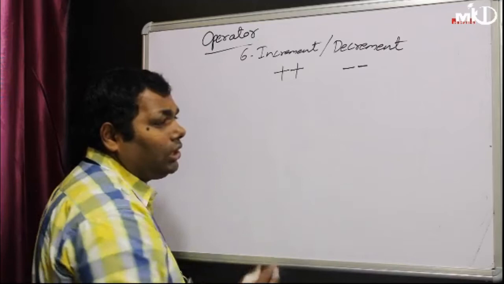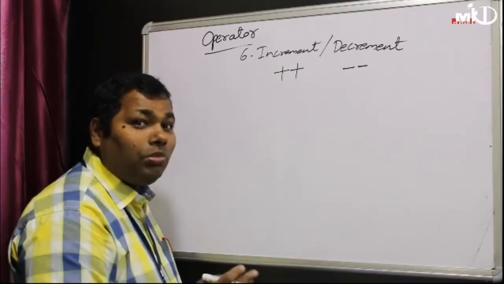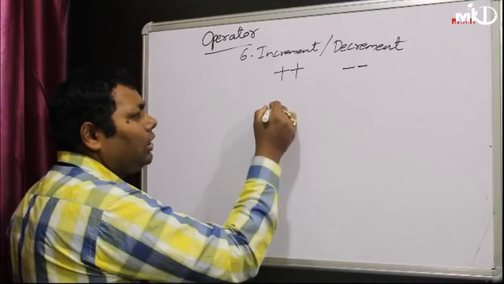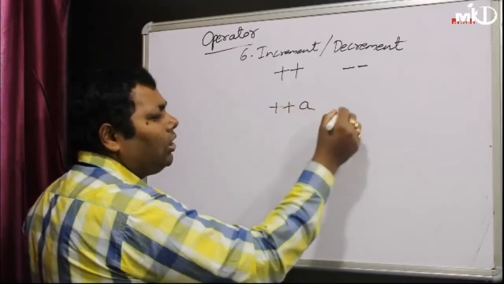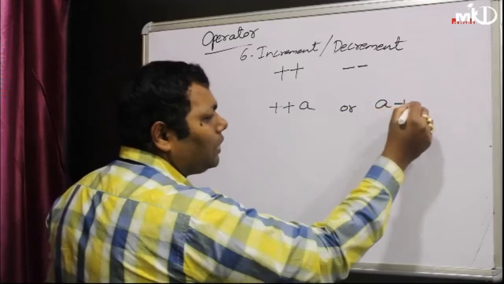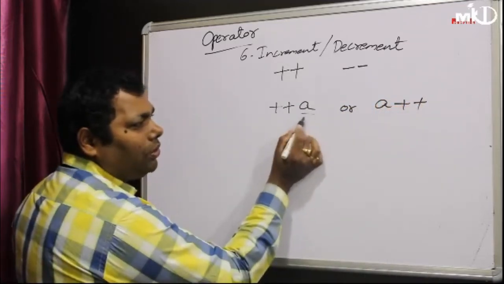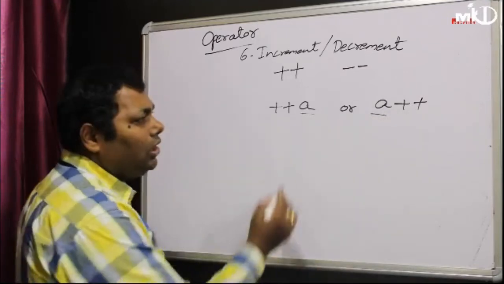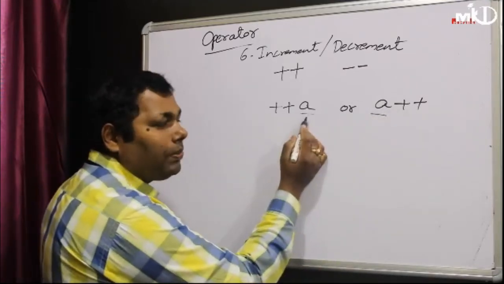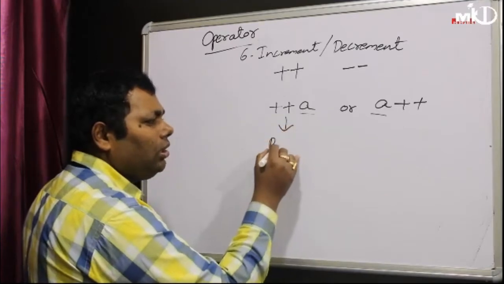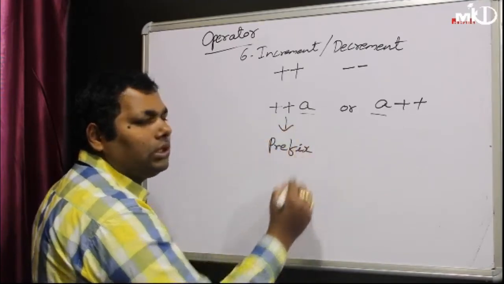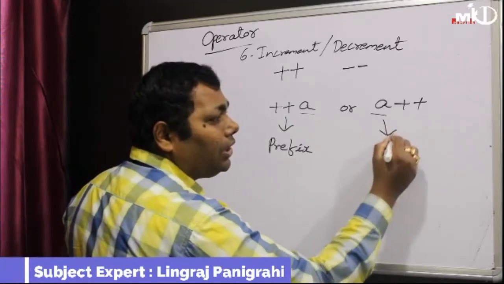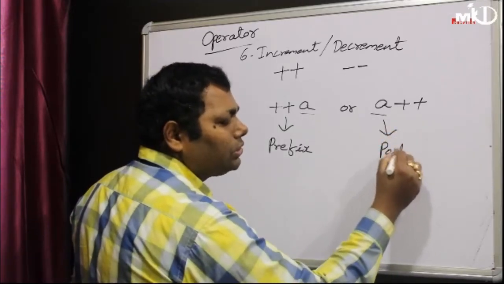This operator can be written before the operand or after the operand, for example ++a or a++. Before the operand is called prefix, and after the operand is called postfix.